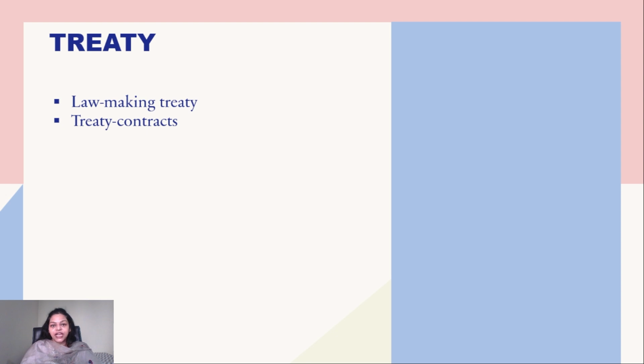Suppose there is a contract between India and a few other states of the world on production and export of mangoes during the summer season.